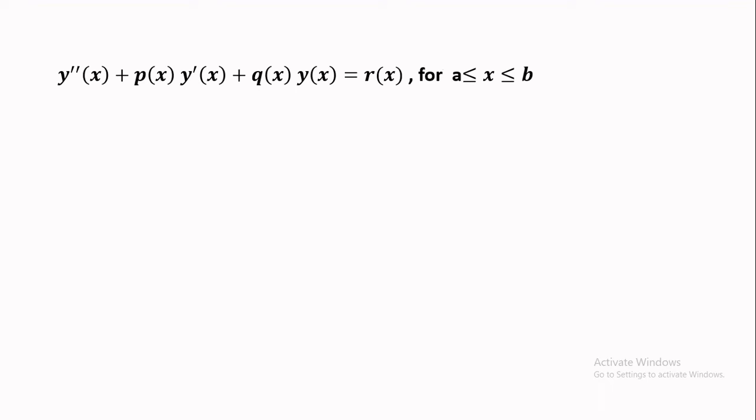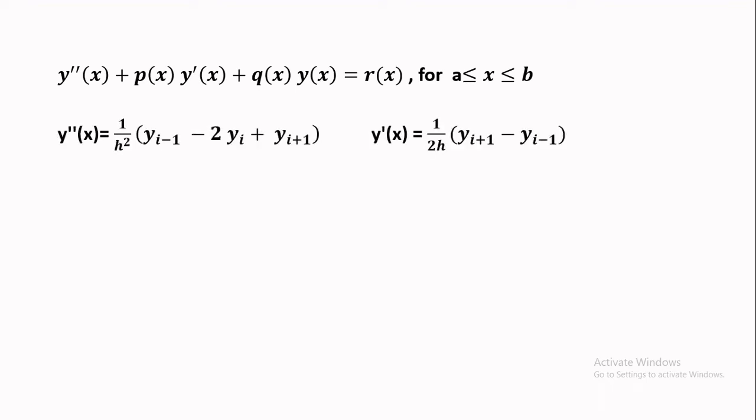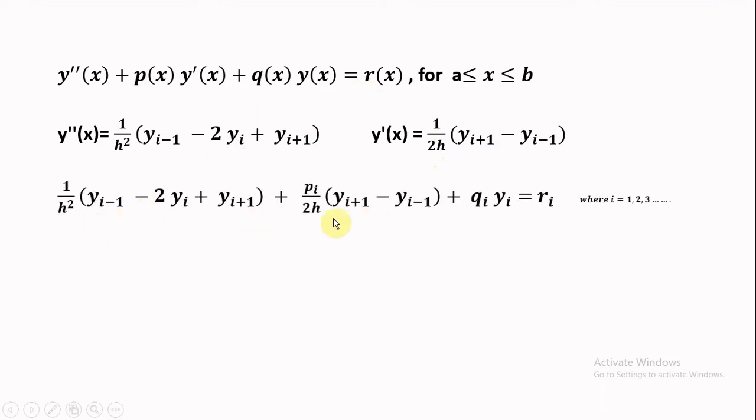This is the differential equation which we have to solve. Using the approximations, if we substitute y double prime and y prime back into this differential equation, we will get an equation of this sort. We have simply substituted this expression over here for y double prime, and for y prime we have substituted it over here, and this is what we get.